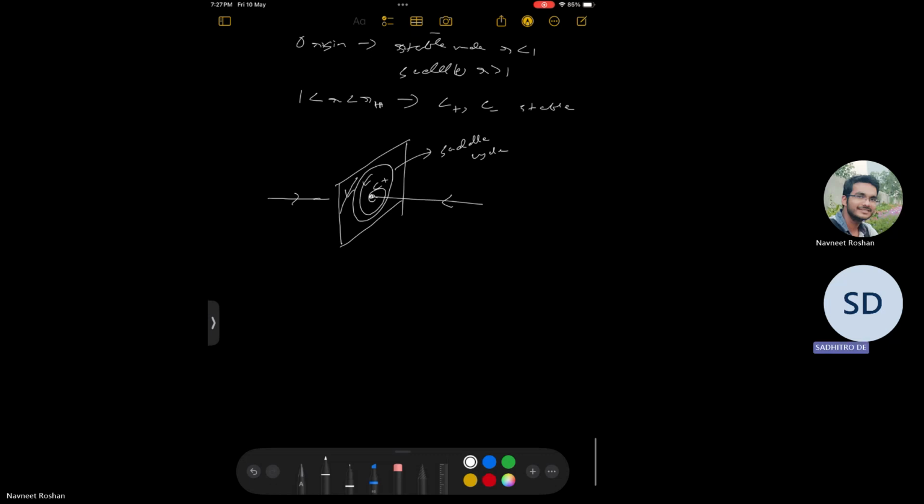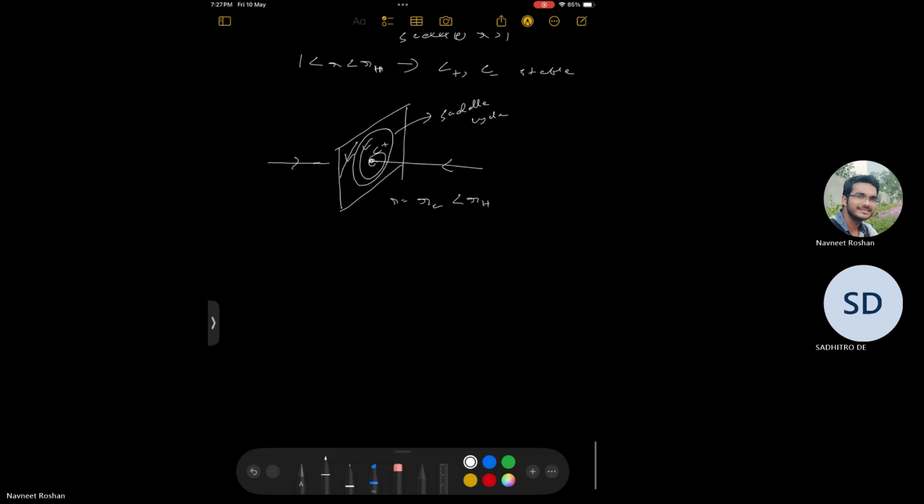Now, this unstable cycle is born at a value of r equal to rc, which is less than rh. So when r lies between rc and rh, you have this sort of behavior where there is an unstable cycle surrounding the fixed point C plus, and similarly there is an unstable cycle which surrounds the point C minus.